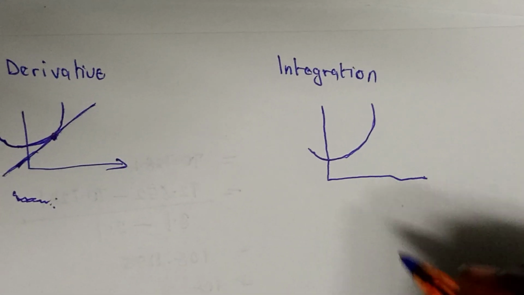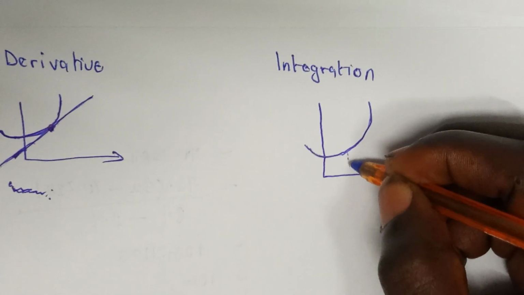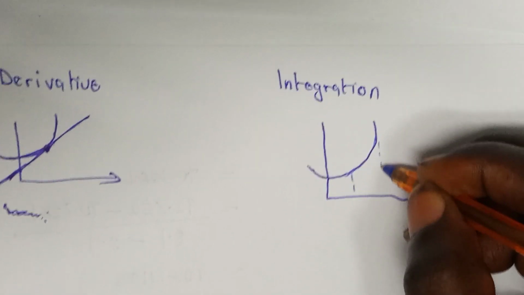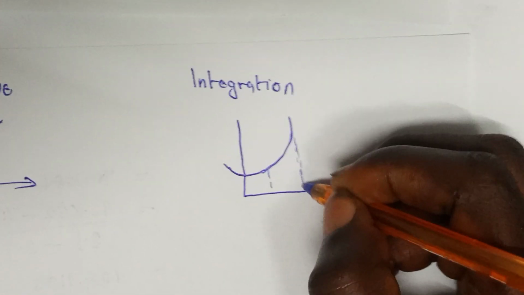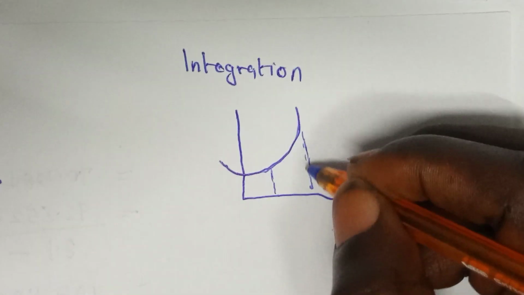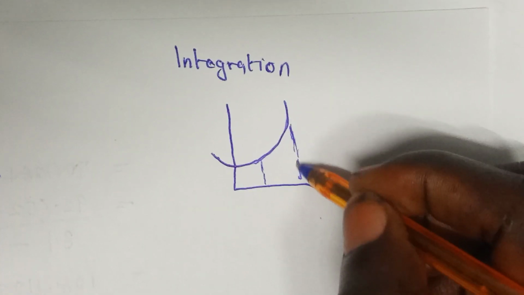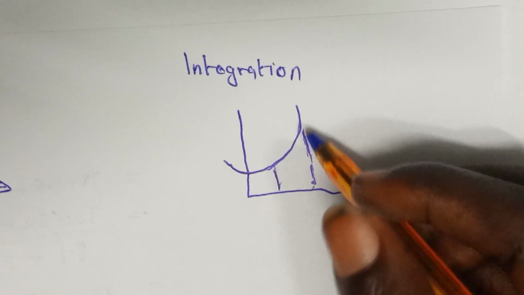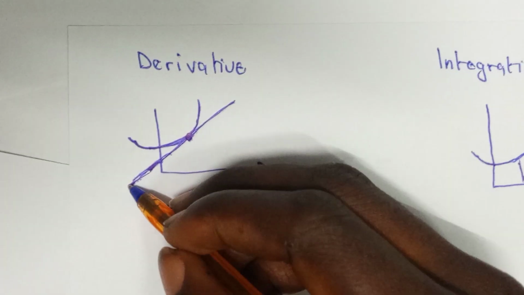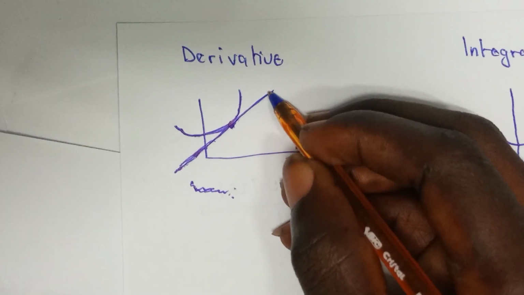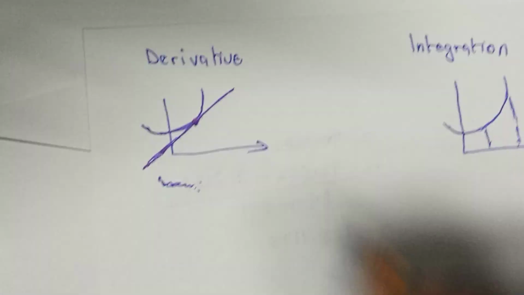Okay, so let's say that's the graph for integration. The integration talks about the area under a curve, and the derivative is the slope. It talks about the slope of tangents of a line.